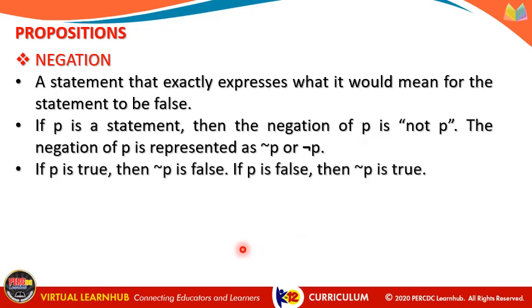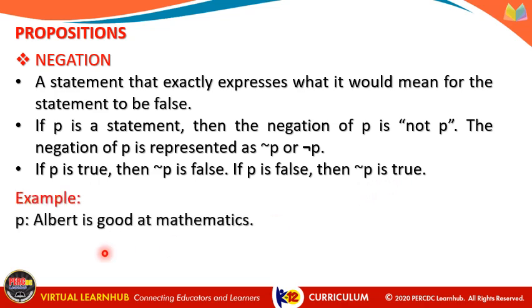For negation, if your original proposition is true, then, of course, your negated proposition is false. Of course, it works the other way around. If your original proposition is false and you get the negation of that proposition, then, of course, the negation is now a true statement. Let's have an example.